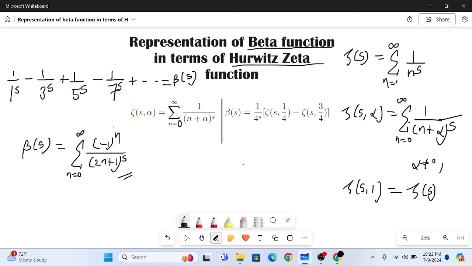Okay, so now we have this definition. We want to find the representation of the beta function in terms of Hurwitz Zeta. So what we can do is break this sum into two parts, for n being even and n being odd. When n is even, this will be the sum from n equals 0 to infinity. For even n, this will just be plus 1, and if it's 2n, then 2 times 2n is 4n, so 1 by 4n plus 1 to the power s.